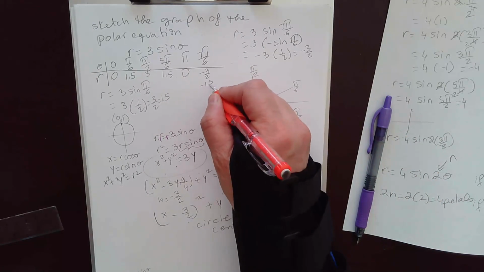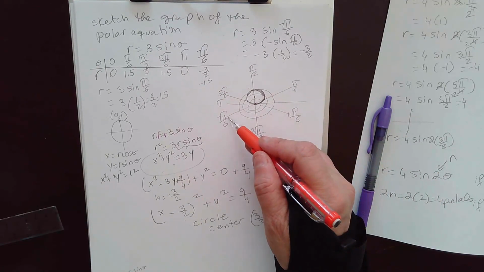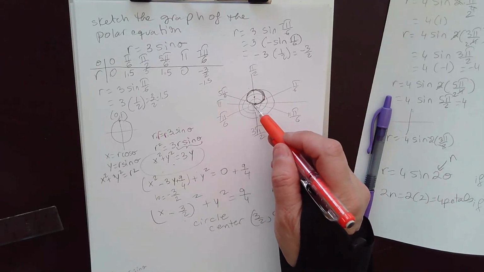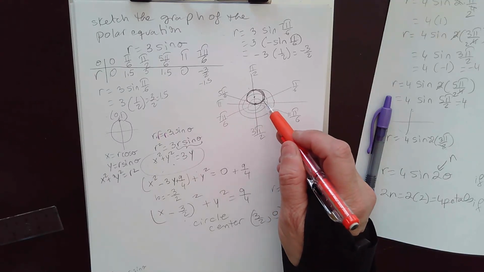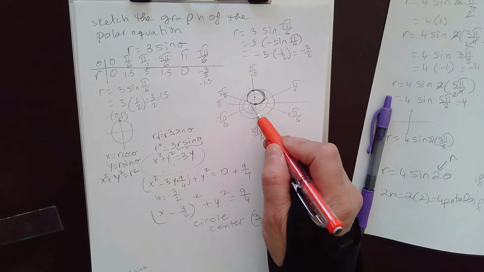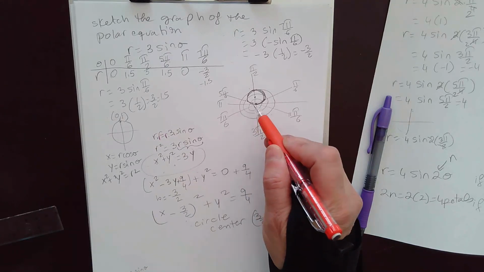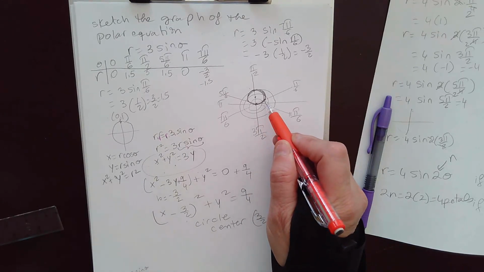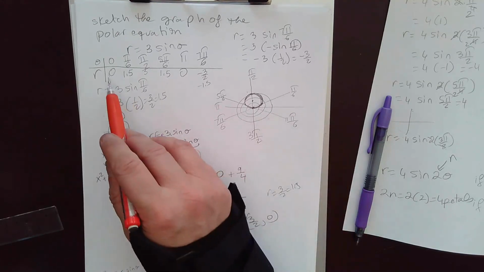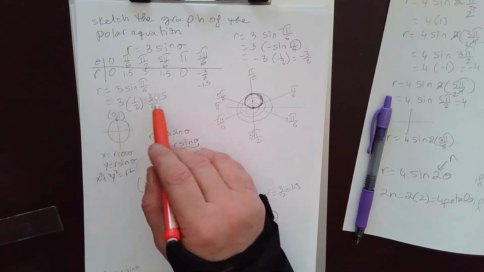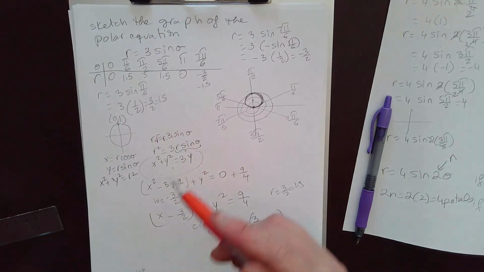When theta is 7 pi over 6, r is -1.5, which means you have to go in the opposite direction and come back to that point. See what I mean? So 7 pi over 6, and then r is in the opposite direction, so I go 1.5 and come back to this point. That's why I stopped. I noticed that it's a full circle right here. But if you want, you can continue.